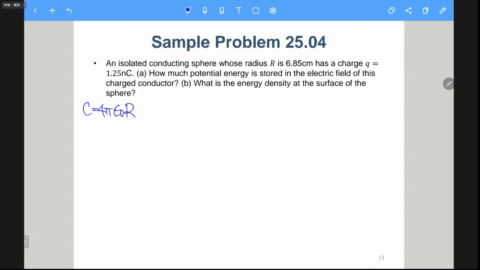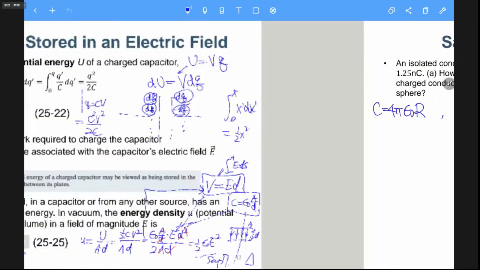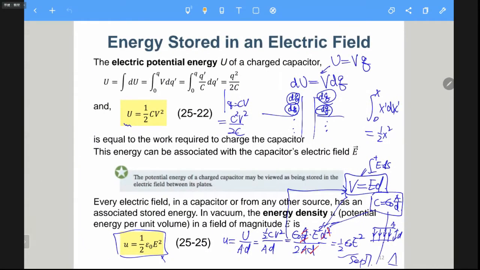Actually, we need to find the potential energy, which means U equals Q squared over 2C.